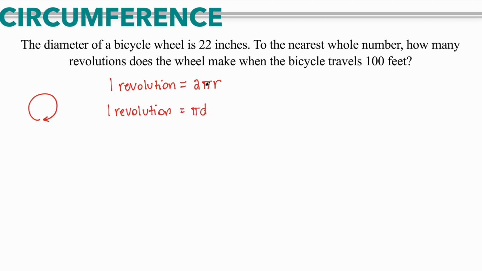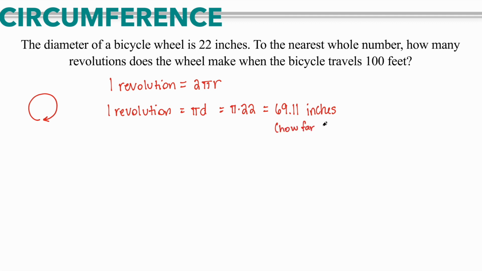So I know that one revolution is going to be pi times 22 inches. If I actually multiply, I will get that 1 revolution is 69.11 inches. That is how far the wheel will travel one time.